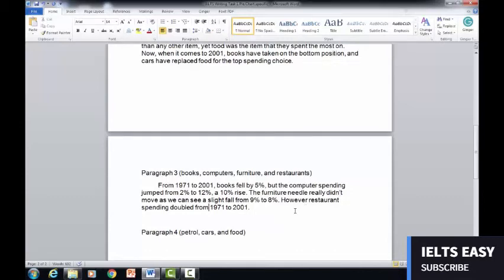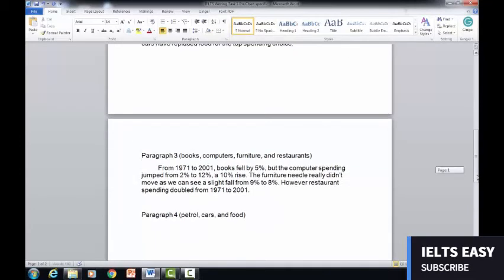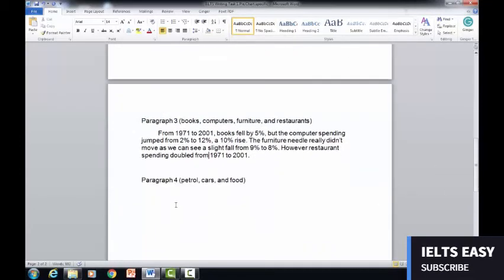So you can see in this paragraph 3 how we're comparing numbers, right? You can see how we're just making comparisons of numbers. And that's what you have to do. You have to be able to make really, really good comparisons of numbers. If you can make really good comparisons of numbers, that's how we do our paragraph 3. And then for paragraph 4, we're going to do the same thing in terms of petrol, cars, and food.